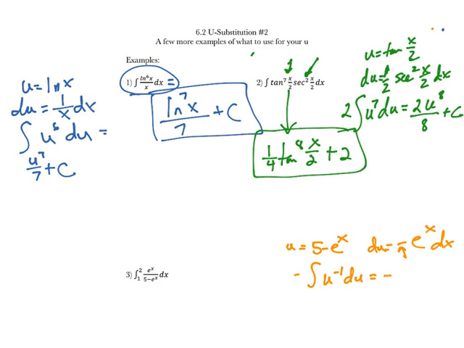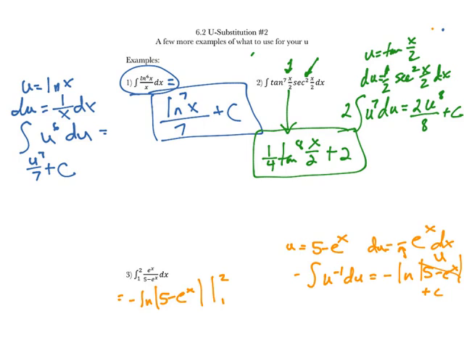But I have a negative out front, so that means it's the negative natural log of the absolute value of 5 minus e to the x. And don't forget the plus c. Oops, I wasn't really supposed to put that in there. Natural log of u. So over here, it would be negative natural log absolute value 5 minus e to the x, and evaluated from 1 to 2.